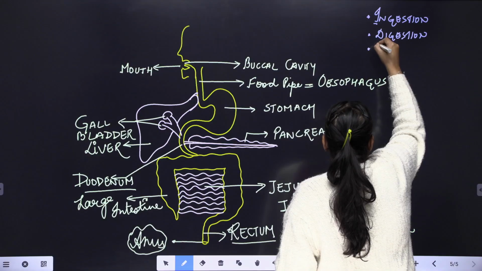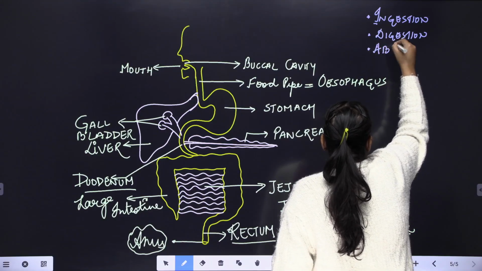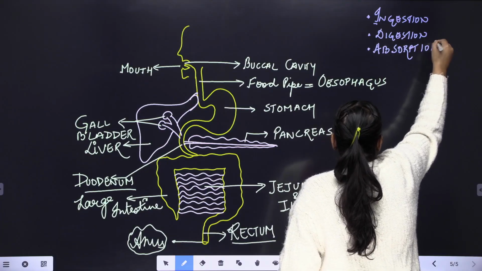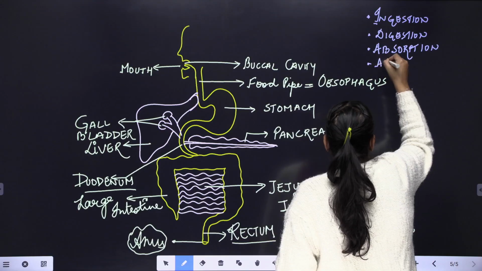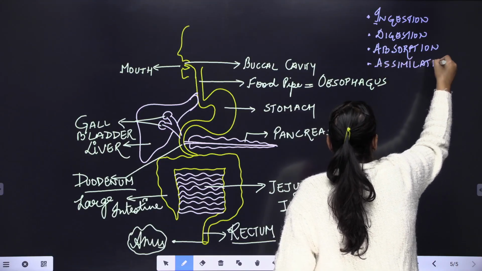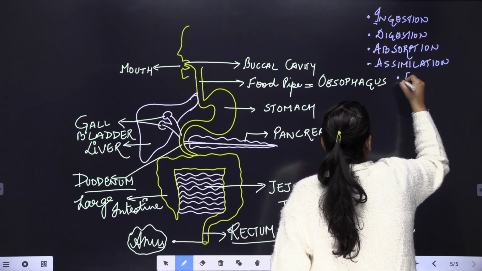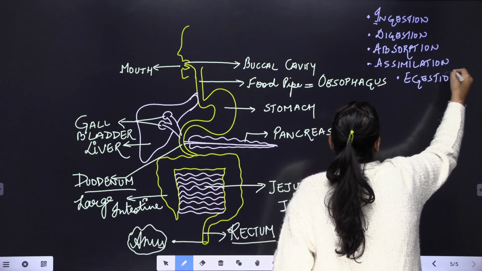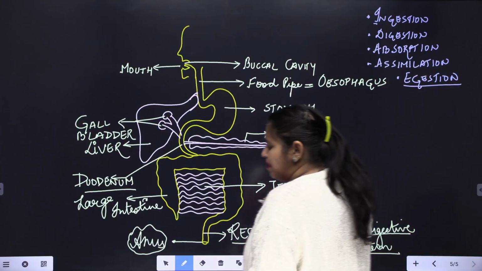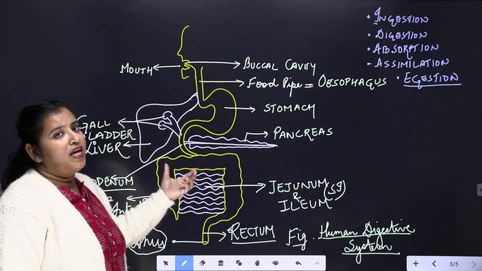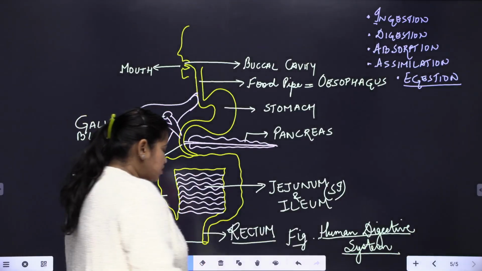The third is absorption. And fourth is assimilation. And the last one is egestion. So we will take up one by one all these steps along with the parts of the alimentary canal, what functions they are doing.